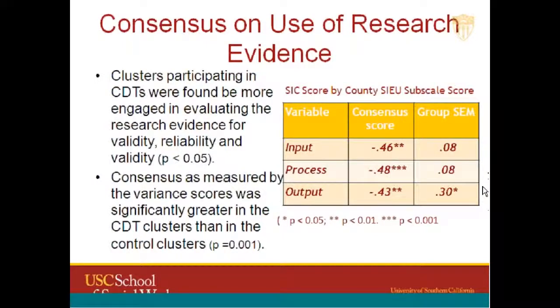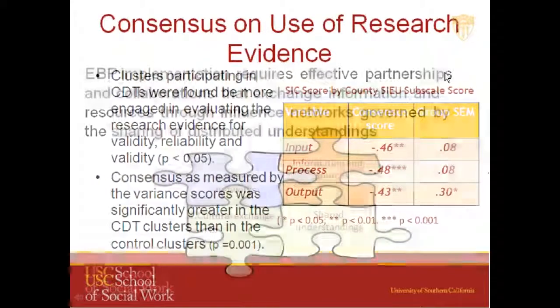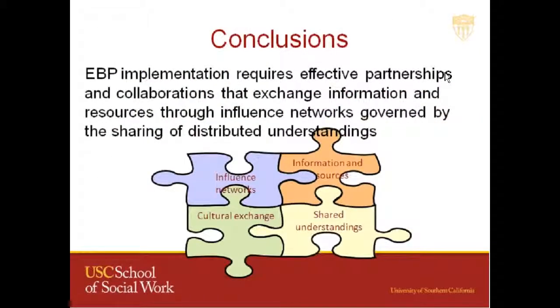So what we learned from this is that implementation requires effective partnerships and collaborations that exchange information and exchange resources through influence networks that are governed by the sharing of not the same understandings, but rather distributed understanding.